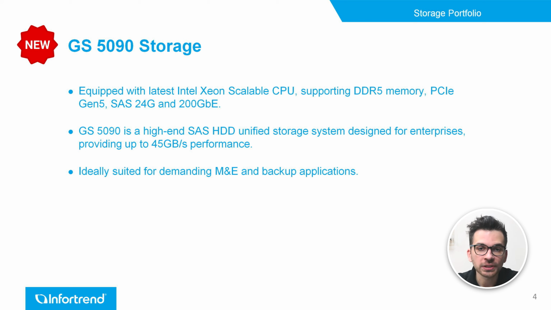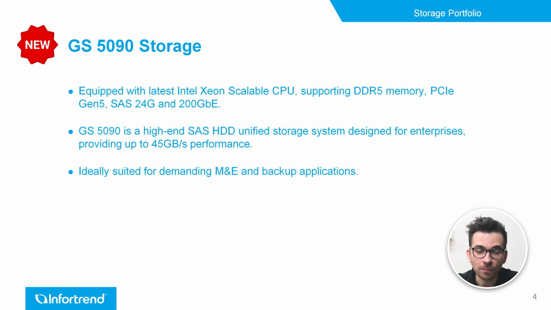Besides that, it supports DDR5 memory and it is equipped with SAS 24G ports for future expansions, and provides PCIe Gen 5 slots to install additional host boards with channels of up to 200 gig. All of the above allows the system to achieve an incredible 45 gig per second throughput. All in all, it is a perfect fit for demanding M&E and backup applications.